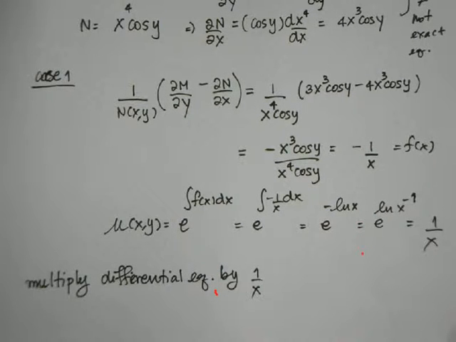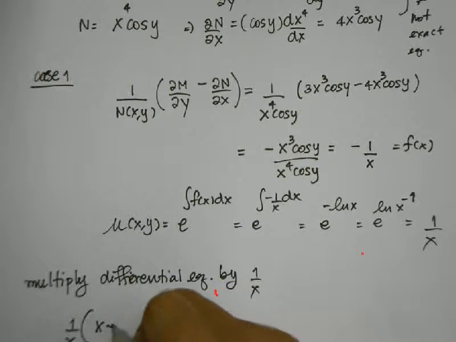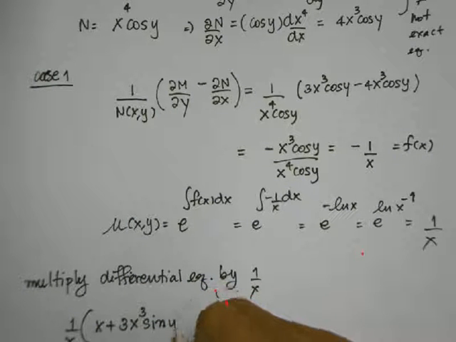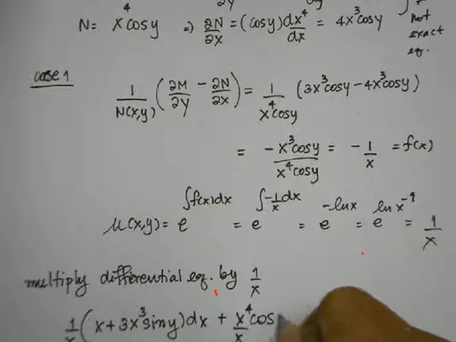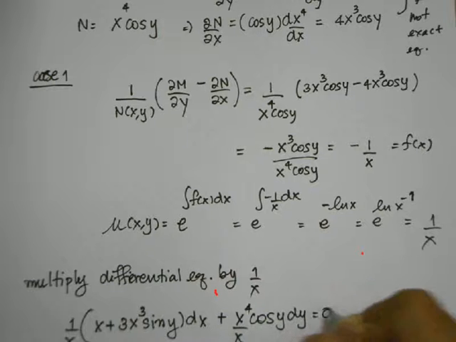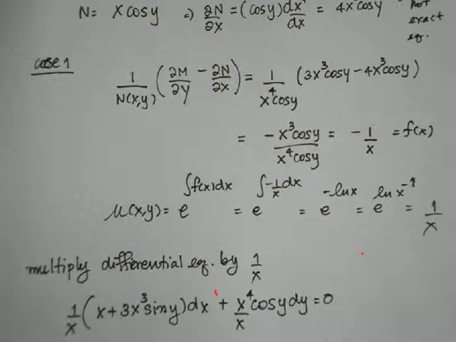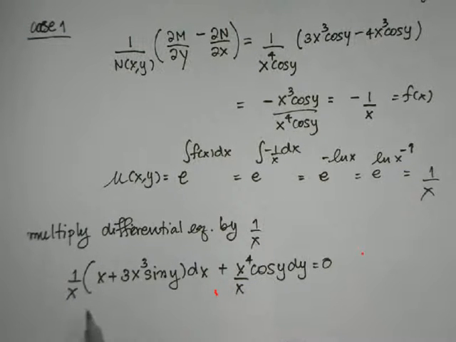So I would get 1 over x times x plus 3x to the power 3 sine y dx plus x to the power 4 divided by x cos y dy equal to 0. Right? Because I just multiply by 1 over x, I would get this.